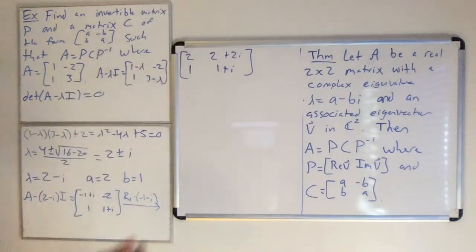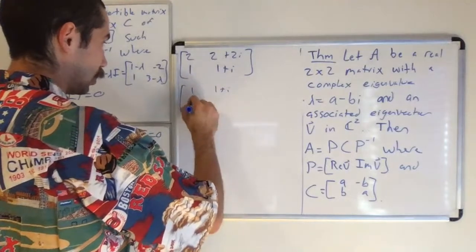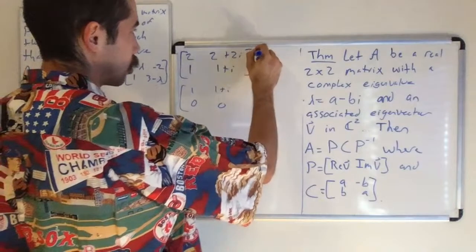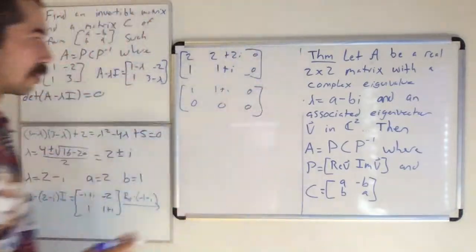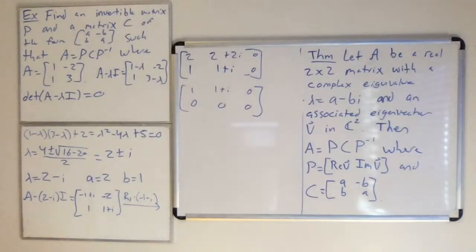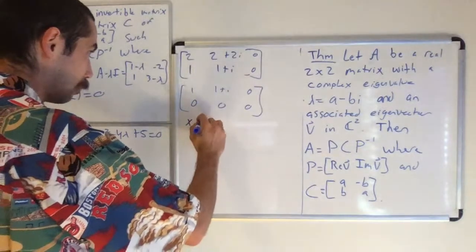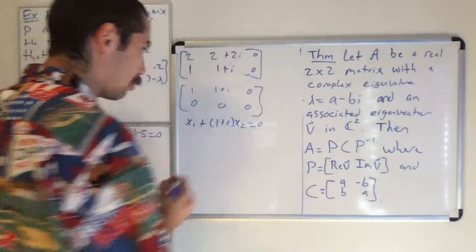Right, and this row reduces to 1 plus i, and then 0, 0. And technically we're trying to set this equal to 0, so let's make this an augmented matrix and have a column of zeros at the end. And so we have x1 plus (1 plus i) x2 is equal to 0.